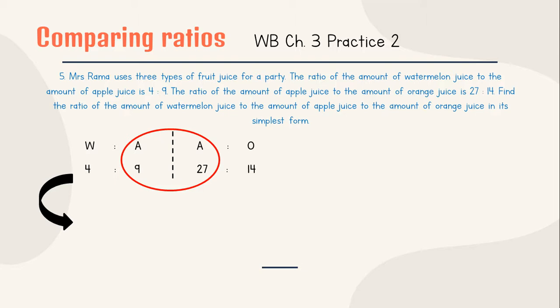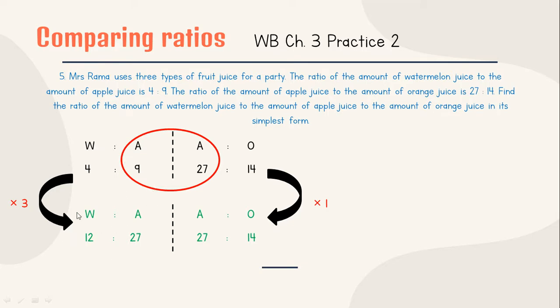So that's it. This one bigger, how many times? Times 3. So 4 times 3 equals 12. And this one will be 14. Why? Because it is already big. This one is the bigger one, right? So now what we have? The ratio of watermelon to the apple is 12 to 27, comparing from the first to the third.